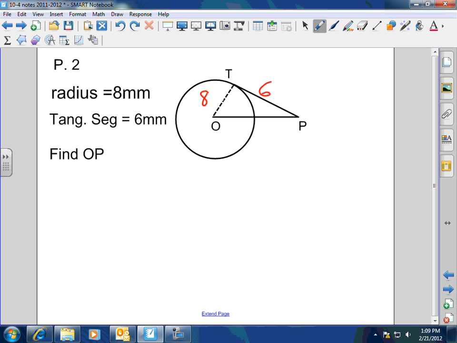They are correct because I have a radius and I have a tangent, so that creates a 90. But better than Pythagorean theorem, it would have been better to know that this is a 3, 4, 5 triangle times 2, so OP would be 10. Knowing the Pythagorean triples helps you out immeasurably. Does that make sense?